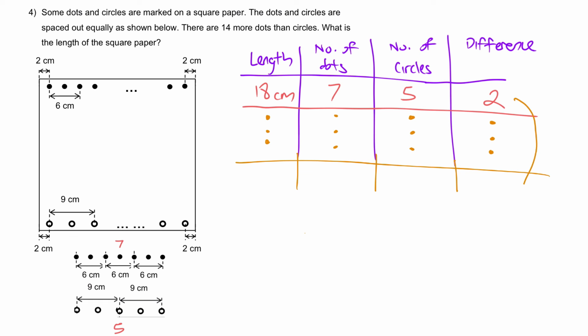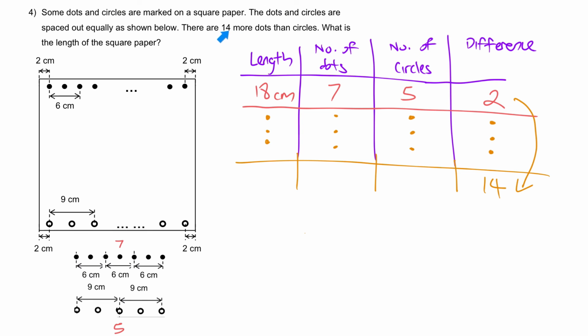How many do we need to arrive at 14? Okay, this is your ratio, isn't it? For every 18 centimeters, there will be 7 dots, 5 circles, and the difference between the number of dots and the number of circles will be 2.